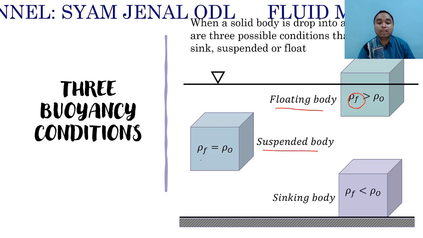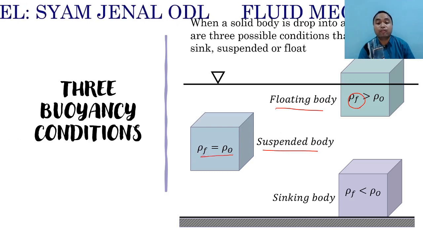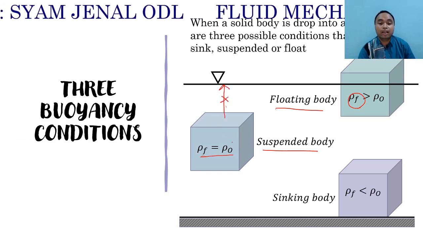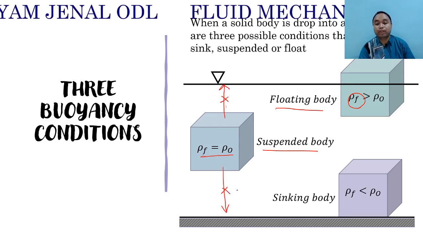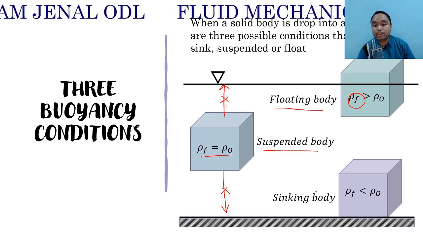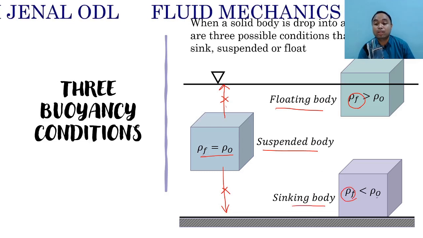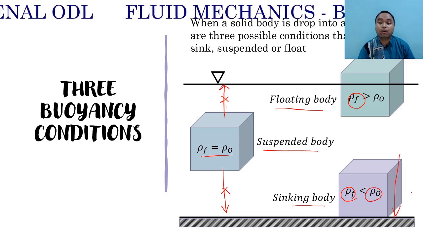This is when the density of the fluid equals the density of the object. It means the body is not at the surface and not at the floor of the liquid. And the third condition is called a sinking body, where the density of the fluid is lower than the density of the object. It means the body will sink to the floor of the liquid.